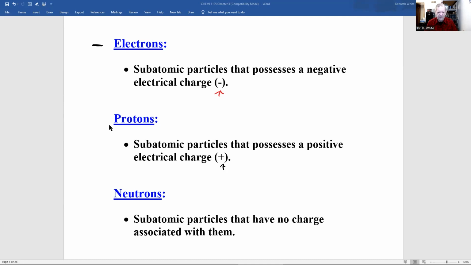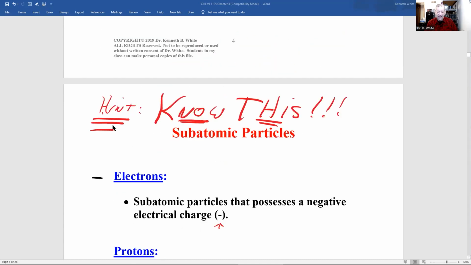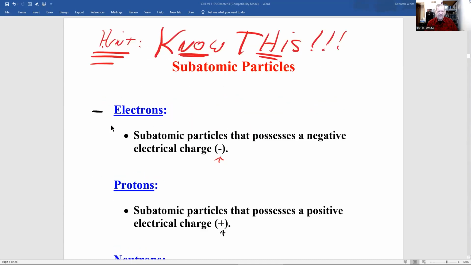Every element in the periodic table is made up of these three subatomic particles. The difference is the number of electrons, protons, and neutrons in each element. So, hint, you should know this.